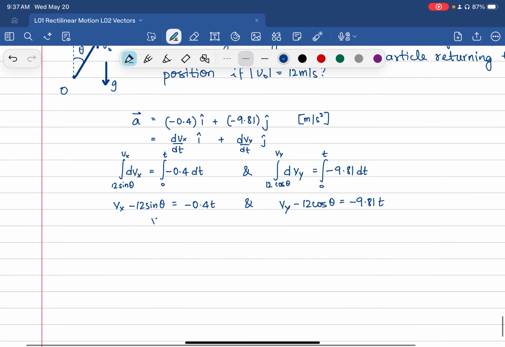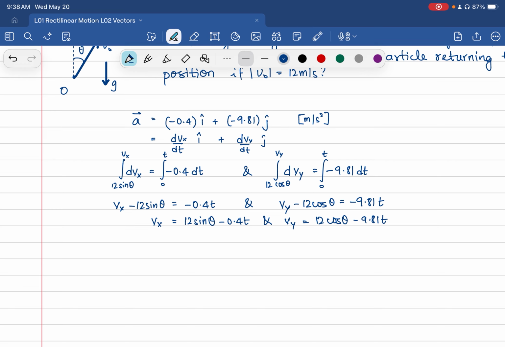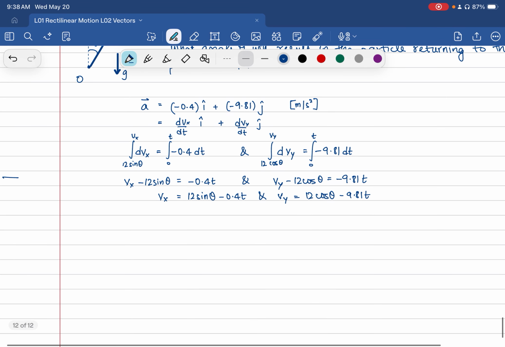And with this, you have then that vx is equal to 12 sine theta minus 0.4 t, and vy is equal to 12 cos theta minus 9.81 t. Okay, this is a little unnecessarily long. I would rather just write it as initial condition for each.